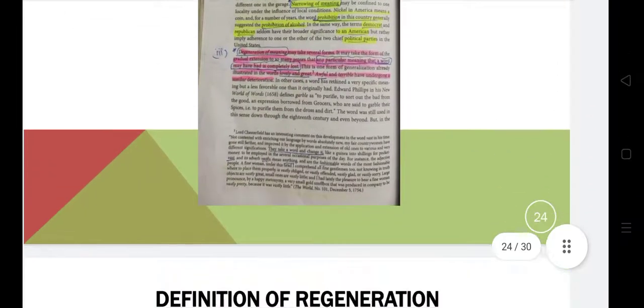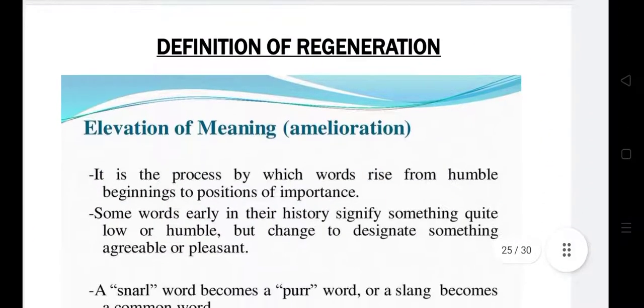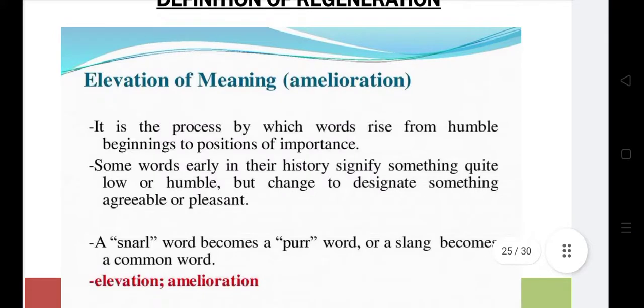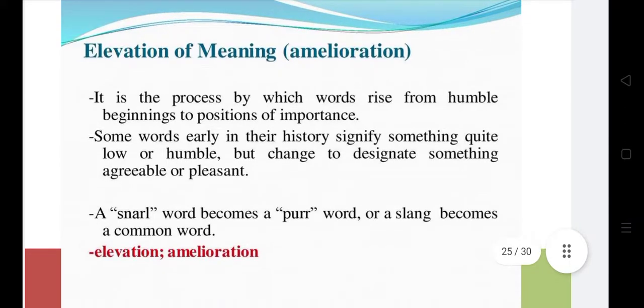And now we'll see amelioration, that is elevation or upgrading of meaning. It's a process by which a word rises from humble beginnings to a position of importance. It's just the opposite of pejoration. In pejoration, a positive meaning gets into a negative sense, but in amelioration a negative sense moves towards a positive meaning.